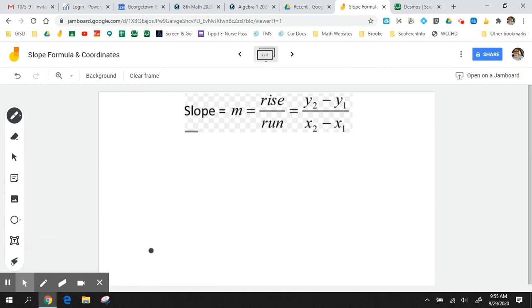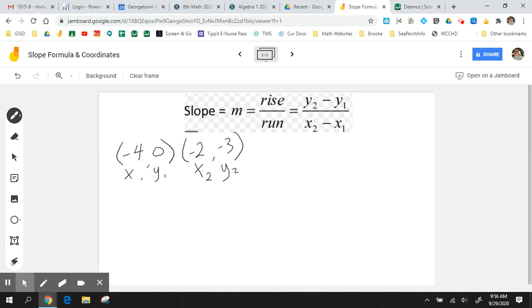Okay, here is another one: -4, 0, and my second coordinate will be -2, -3. Again, I'm going to write my x1 and my y1, and I would really encourage you to do this until you get really amazing at putting it in.